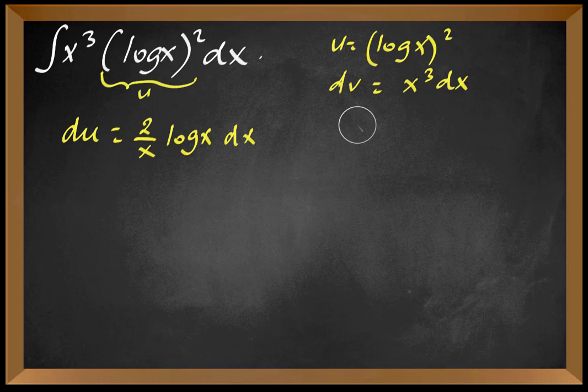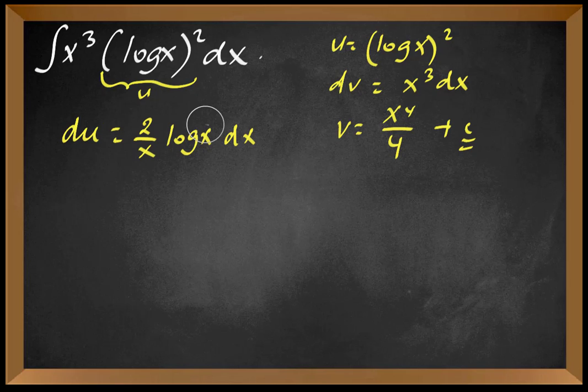That will be du, and since we said dv was equal to x cubed dx, v is equal to x to the power 4 over 4 plus a constant, of course, so we leave it as is. Okay, so we have these values.